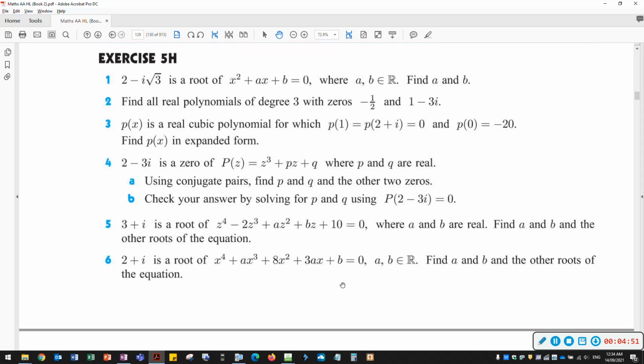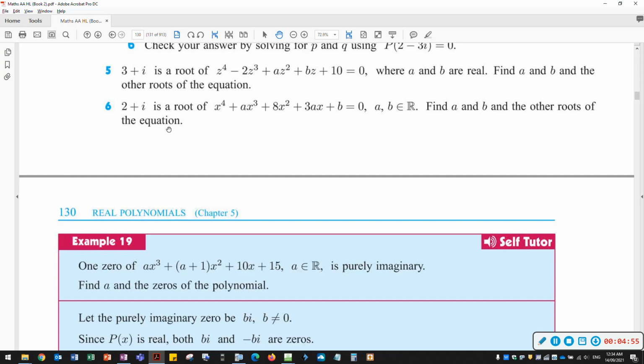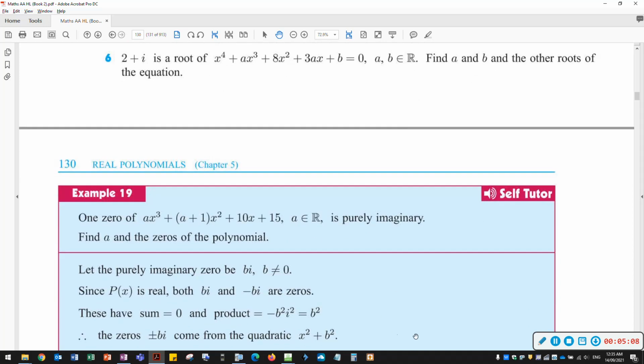Okay, so let's have a quick look at, say, question 6 here. It says 2 plus i is a root of this fourth power or quartic equation. Can you find a and b? Alright, so I'll give you a moment just to jot that down while I do the same.